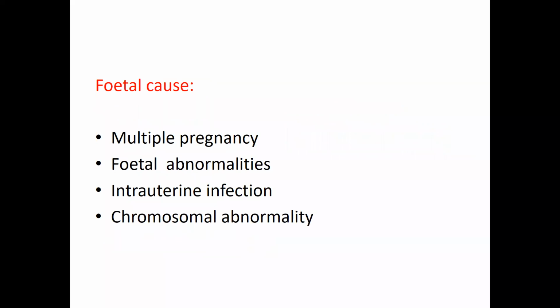Fetal causes are multiple pregnancy. Multiple pregnancy is not a fetal cause. It means if the baby is the product of a higher serial, that is, if the baby is the 4th or 5th child, that is the problem. Fetal abnormalities, intrauterine infection, chromosomal abnormality.